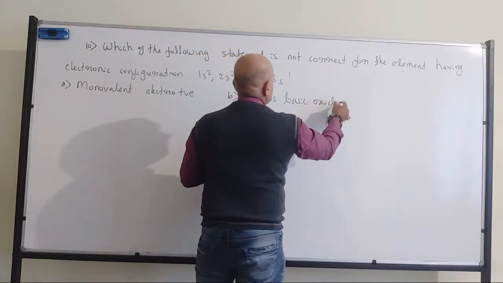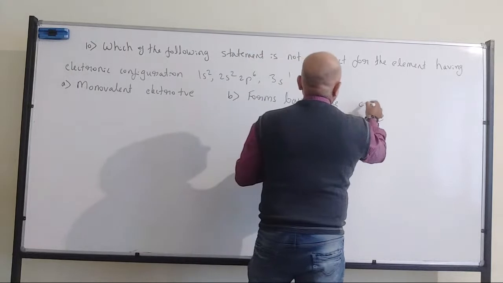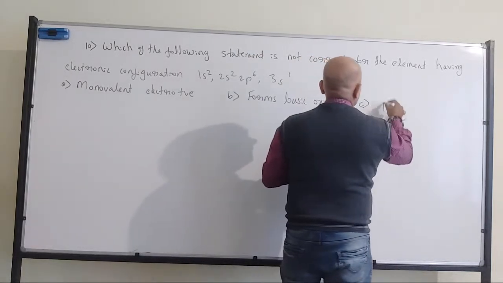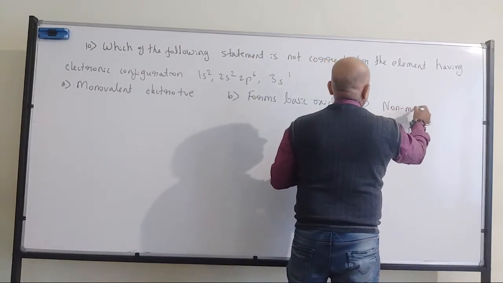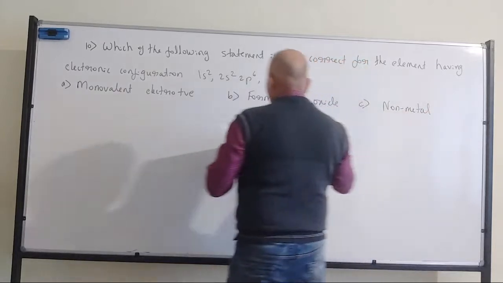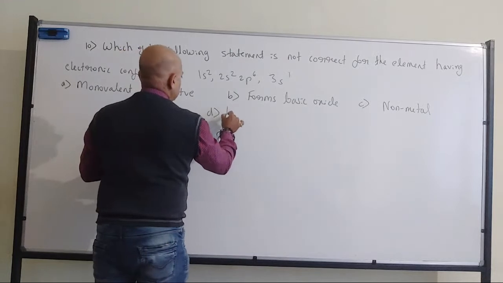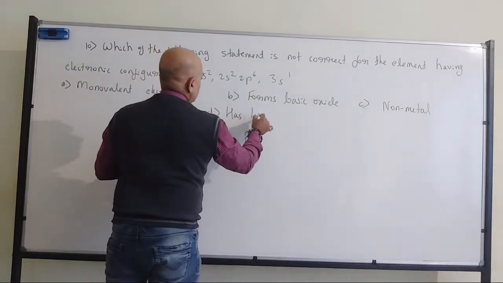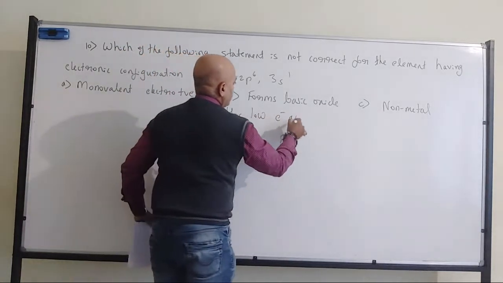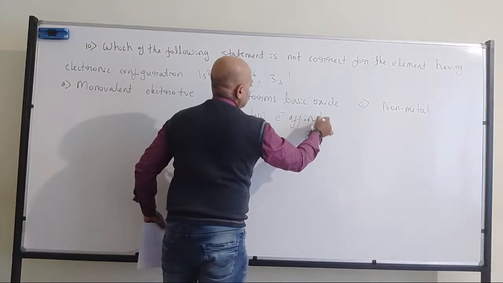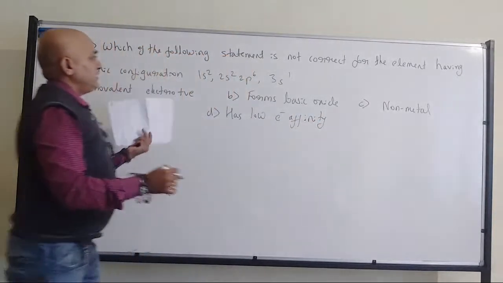Option C, non-metal. And option D, has low electron affinity.